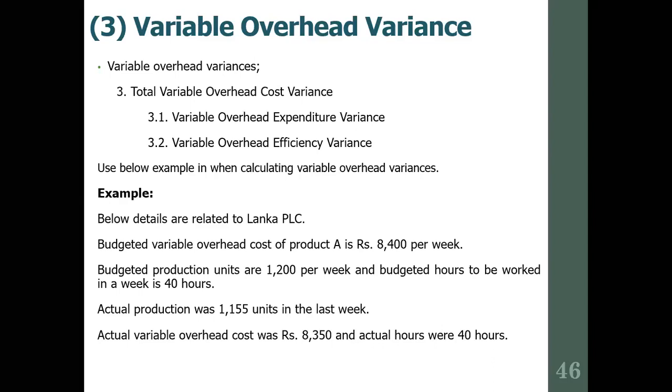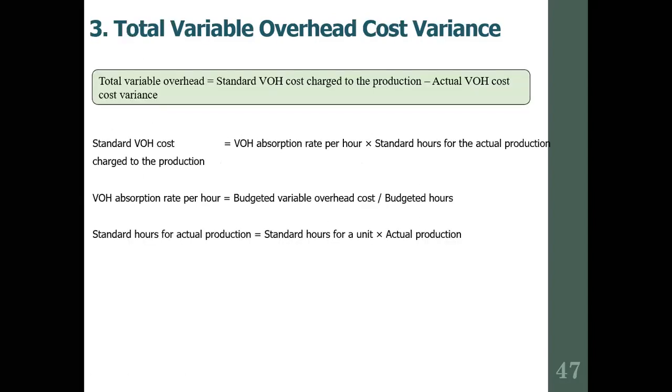When it comes to the variable overhead cost variances, as I discussed, there can be expenditure related variances as well as efficiency related variances. Before we look at the example, let us see how we are to calculate the total variable overhead cost variance. As I said, it's all about how much you have deviated from the standard.